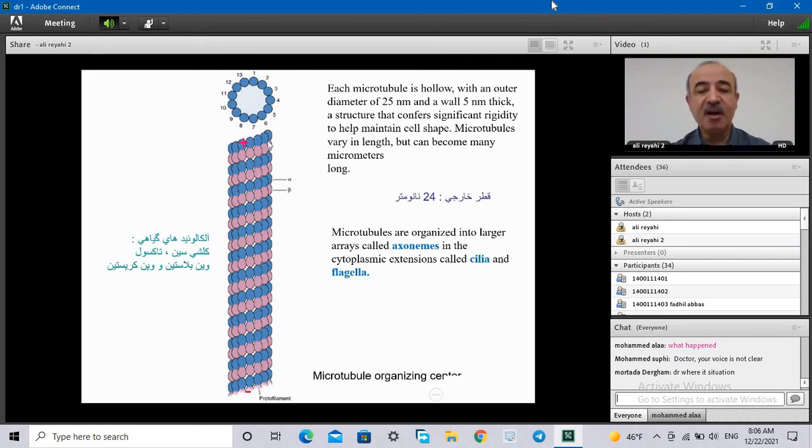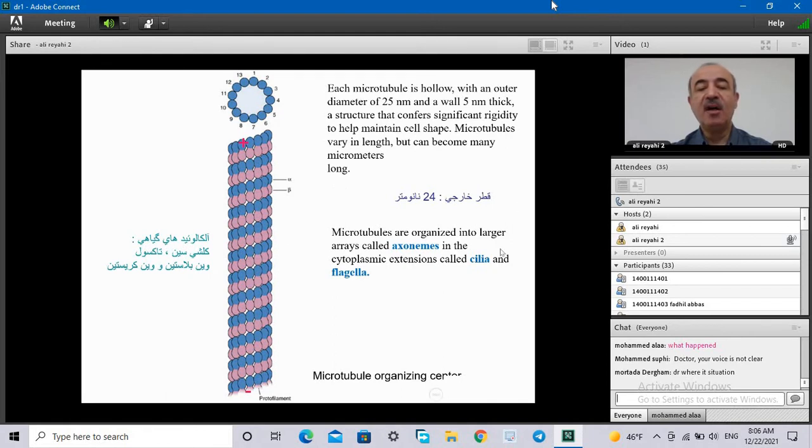This alpha-beta tubulin subunit polymerizes at the plus end, and the microtubule can grow and elongate from the plus end by polymerization of the alpha-beta tubulin. Microtubules vary in length but can become many micrometers long, okay.